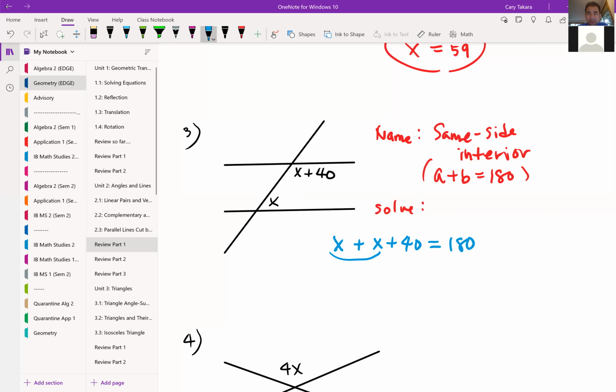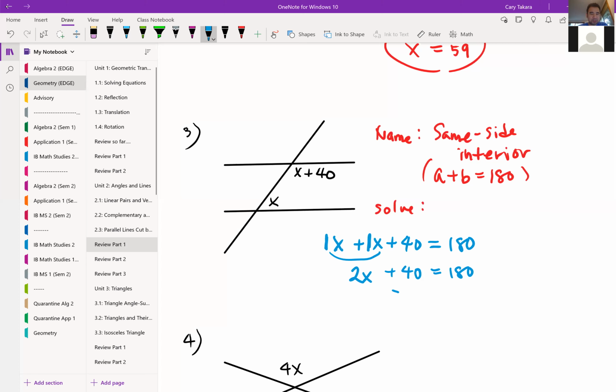Let's combine them. That's 2x plus 40. When you don't see the number in front of x, that means it's 1x. Remember, x means 1x. But people don't usually write 1 in front of it. That's why 1 plus 1 is 2.